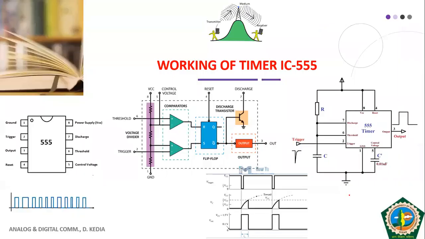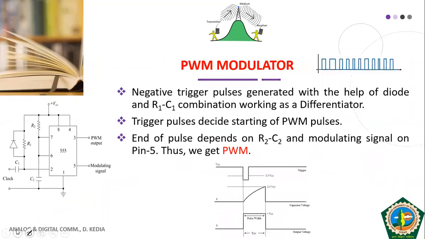Students, this is how we have studied the working of the 555 timer IC as a monostable multivibrator. Now we see the specific circuit that will give us the PWM waveform, and that is also working as a monostable multivibrator. So there is a small change in the circuit.